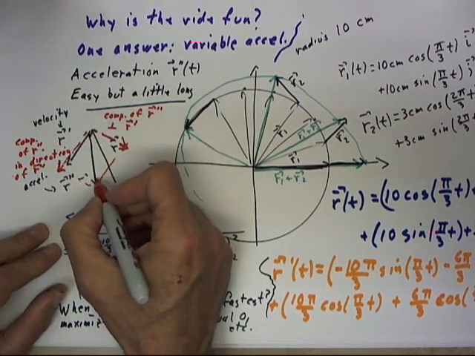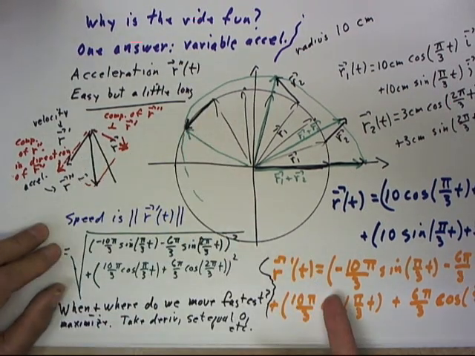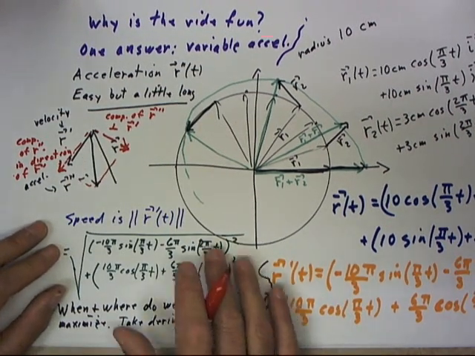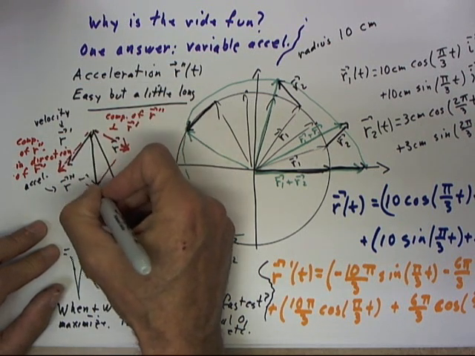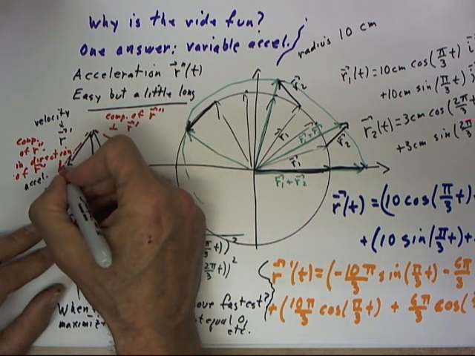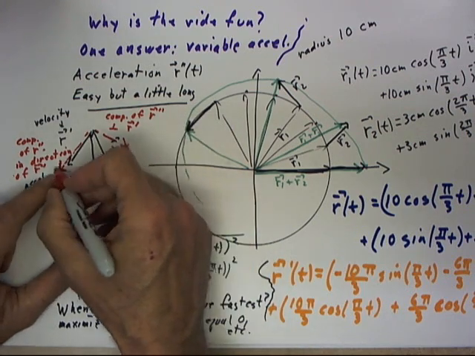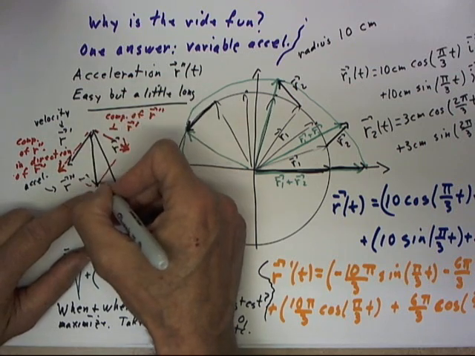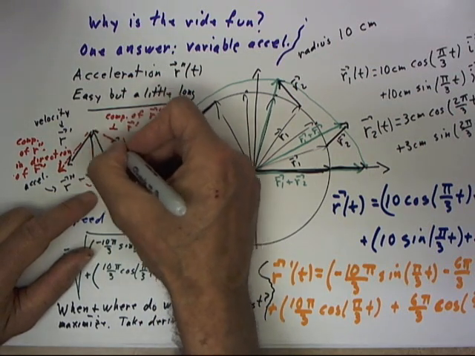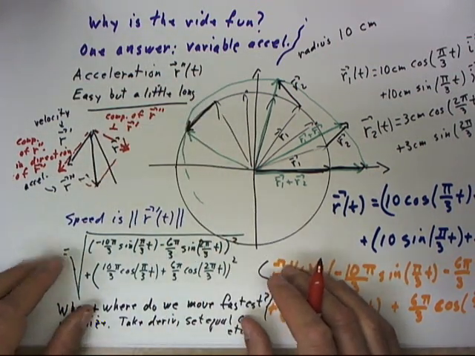If we can calculate r double prime, and as I've said, it's not difficult to take a second derivative of this function, just a little messy, we can use the dot product to calculate the projection vector. And having obtained the projection vector, we can subtract it from the original vector to obtain the component perpendicular to our motion.